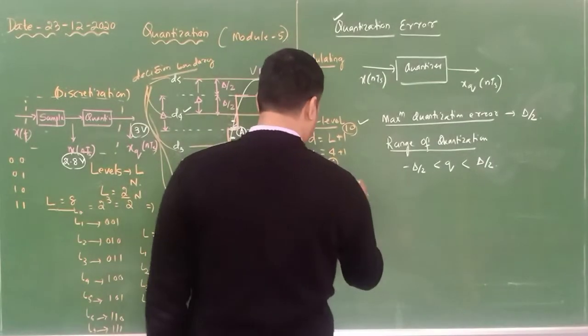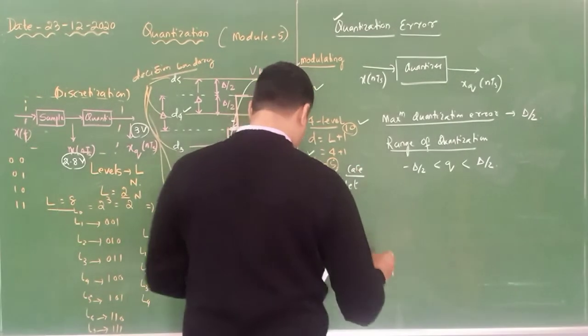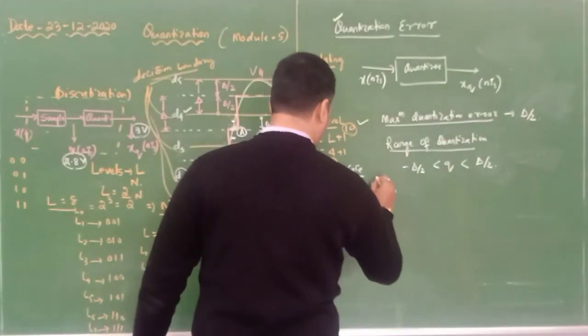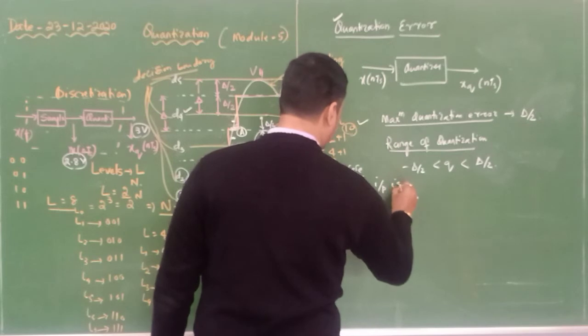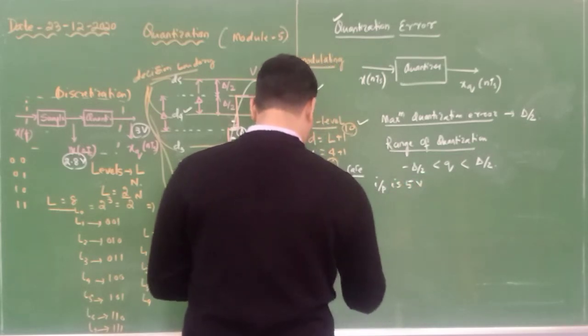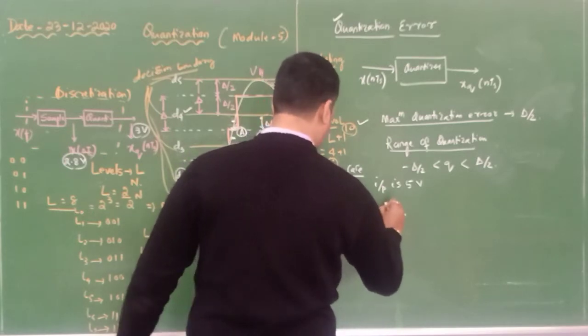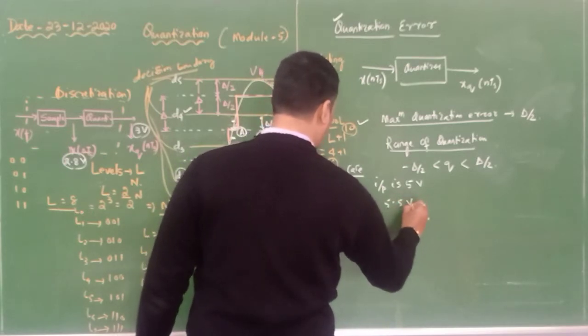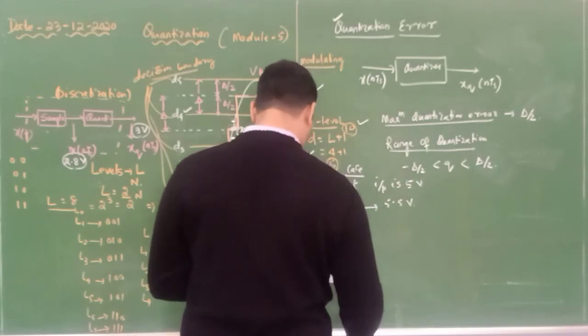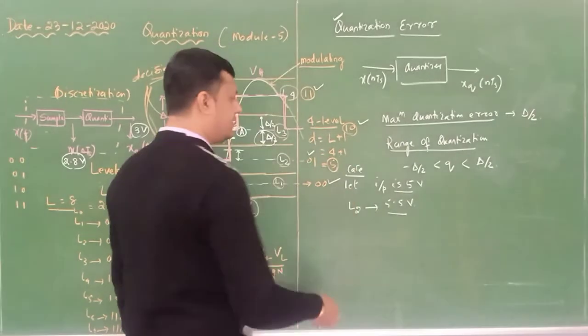So let us consider one case. Let input be 5 volt and your level 2 is around 5.5 volt. Let us consider like this. This is one case.